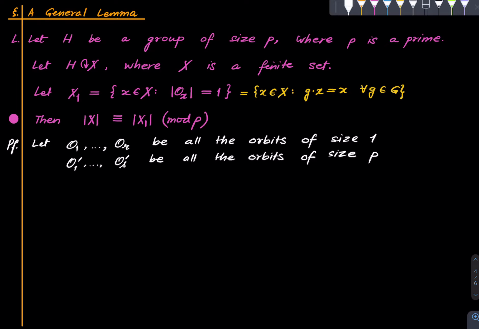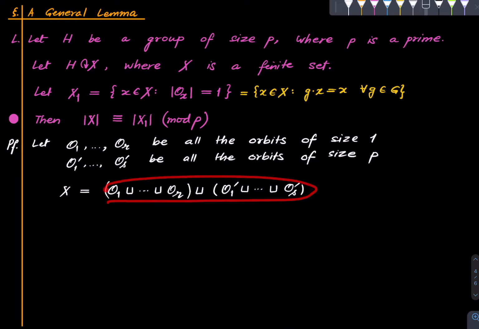And since orbits partition the entire set X, we have X as the disjoint union of these things. This is simply because orbits partition the set X. This notation, this kind of square union, is just to emphasize the fact that all the participating sets here are pairwise disjoint. This is just an ordinary union, only it is emphasizing the pairwise disjointness.